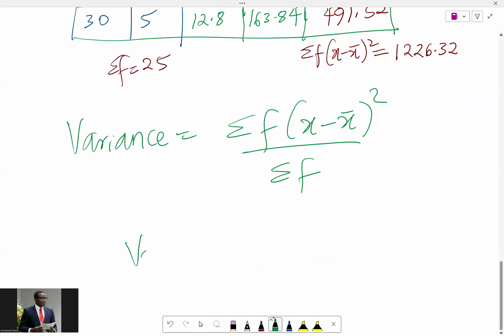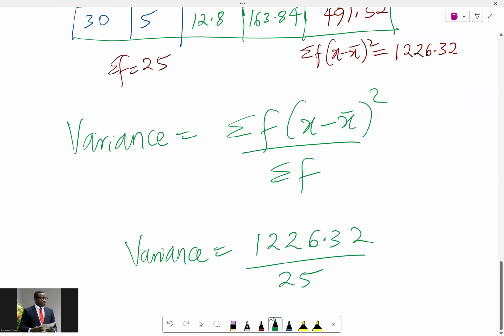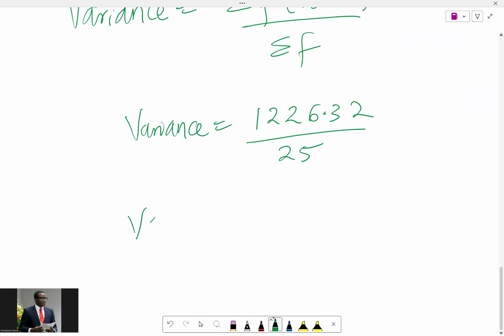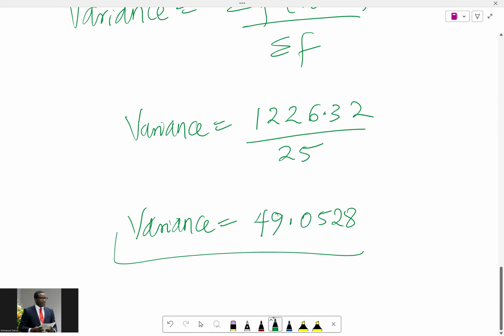So variance is equal to 1226.32 divided by 25. That is 49.0528. So that's the variance.